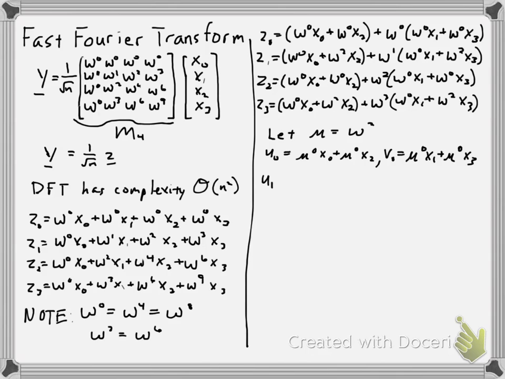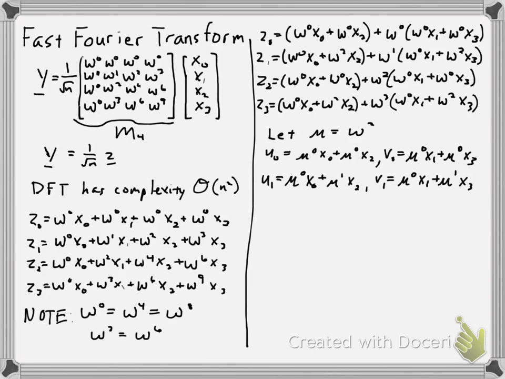I'm constructing two vectors u and v both with 2 entries, and so u sub 1 I'm going to let equal mu to the 0 x sub 0 plus mu to the 1 x sub 2, remember mu is omega squared, and v1 equal to mu to the 0 x1 plus mu to the 1 x sub 3.